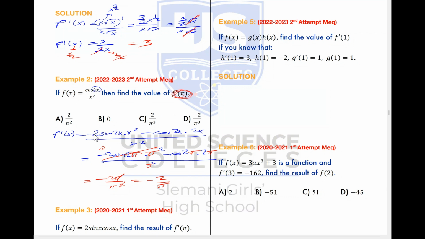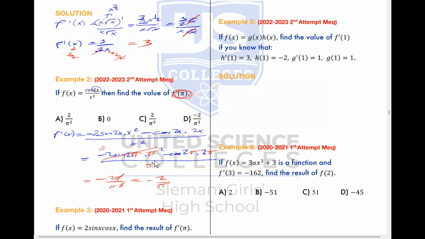Derivative of the top, negative 2 sine 2x times bottom minus top times derivative of the bottom, over bottom squared. Insert pi, so sine 2 pi is 0, minus cosine 2 pi is 1, negative 2 pi over pi squared. There's a square here at the bottom.